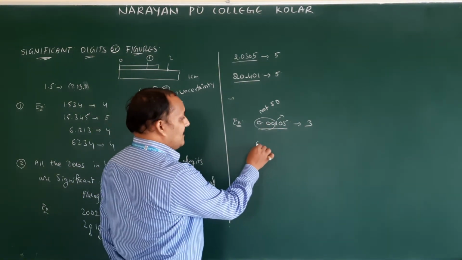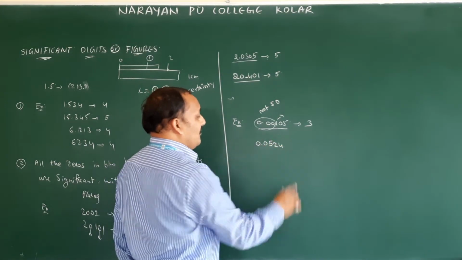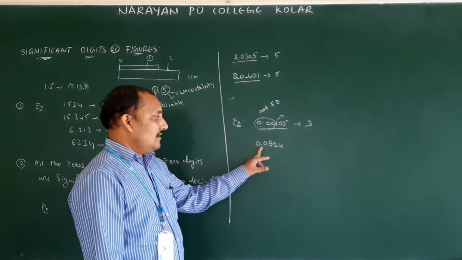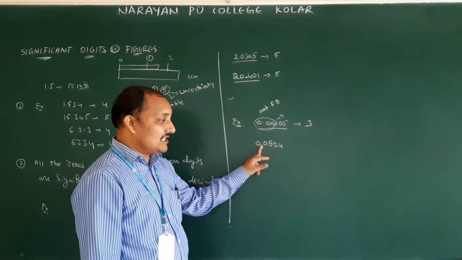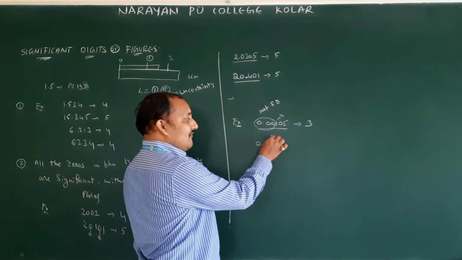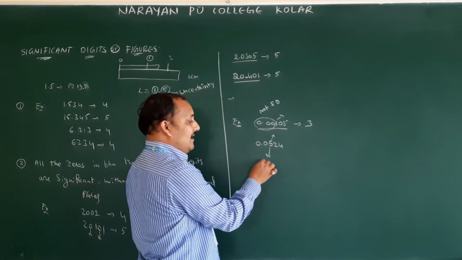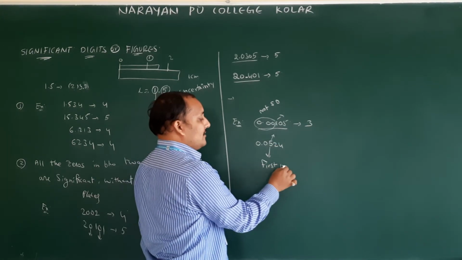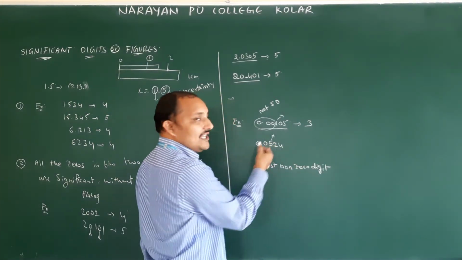Another example, 0.0524. So in this 0 is not significant. This is the 0 after the decimal place and before the first non-zero digit. This 5 is the first non-zero digit after the decimal place.